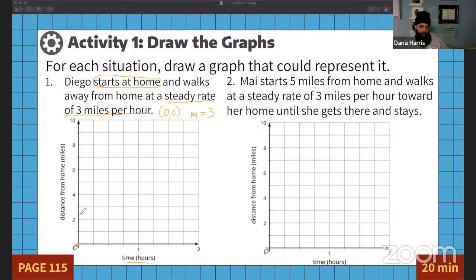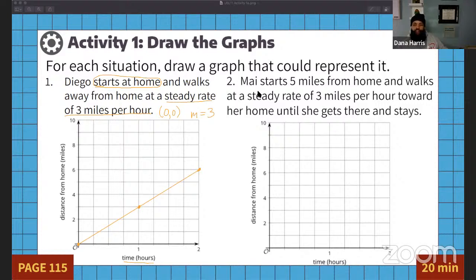Let's go up 3 and over to 1. We go up 3 again and over to 2. Then we just connect those with a line. Boom, there it is. We're going to do a different color for the second one.